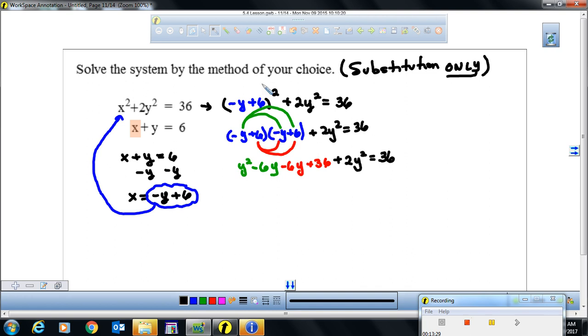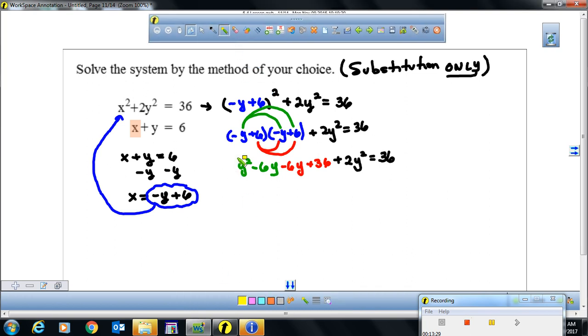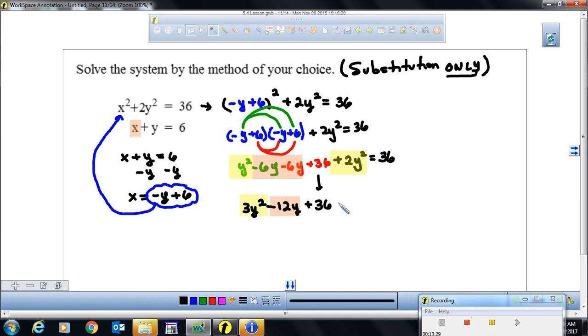Combine like terms. Y squared plus 2y squared is going to equal 3y squared. Then we can also combine the negative 6y minus 6y, which gives us negative 12y. And then I'm going to bring the plus 36 equals 36.